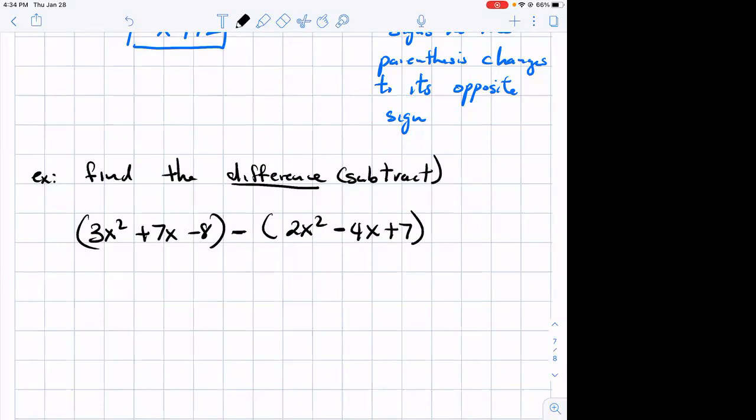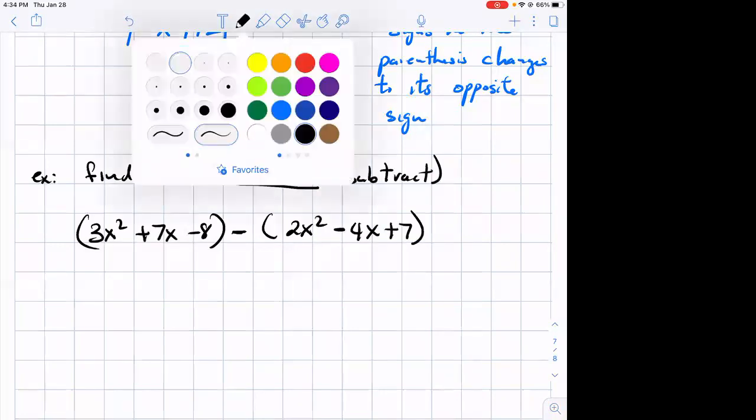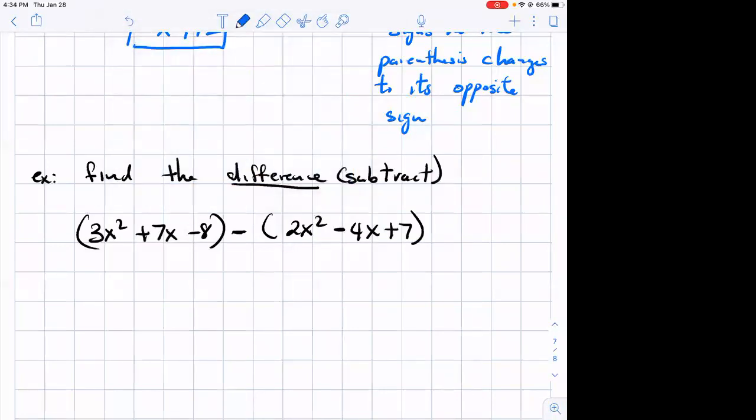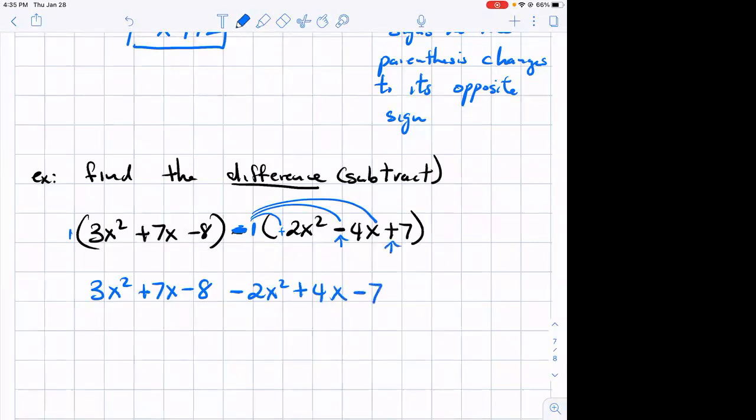If we get rid of the parentheses, that invisible 1 there, as I said, is a +1, so nothing in the parentheses will change. But because of this -1 here, all of the signs inside of the parentheses will change. So instead of a plus, it becomes minus 2x squared. Instead of a minus, it becomes plus 4x. Instead of a plus, it becomes minus 7.